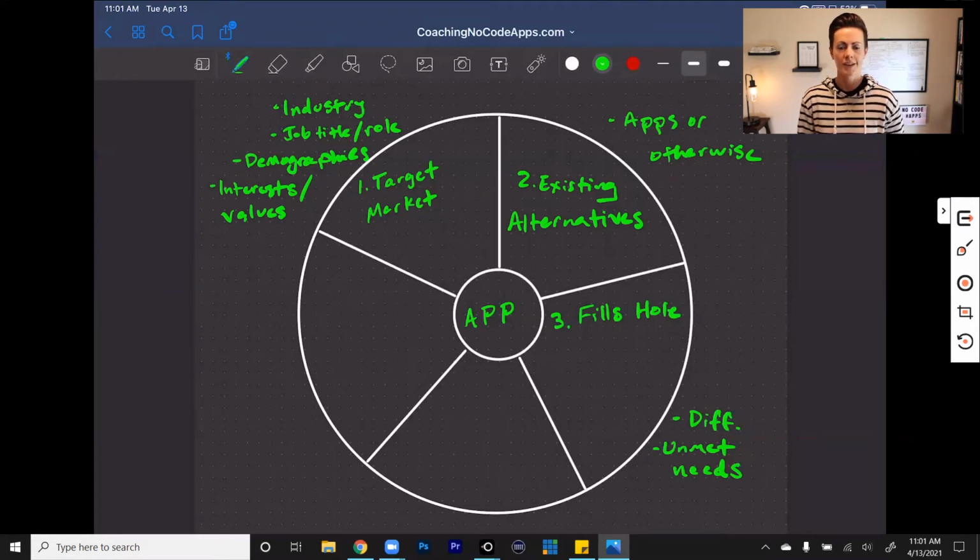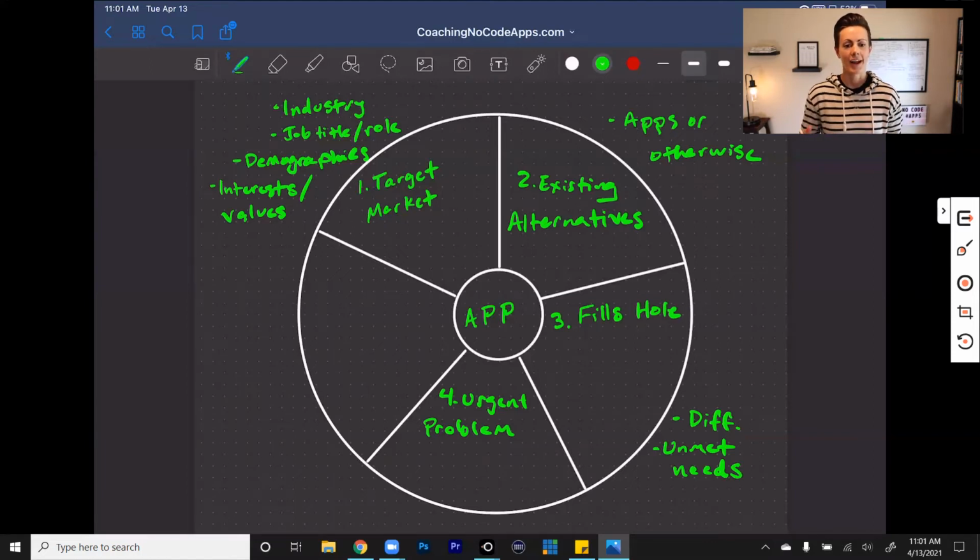Okay. Now, the next thing that you want to look at is you want the problem that you are solving to have some level of urgency. So I'm going to say here, urgent problem. Now, there are tons of apps out there that don't solve really urgent problems.